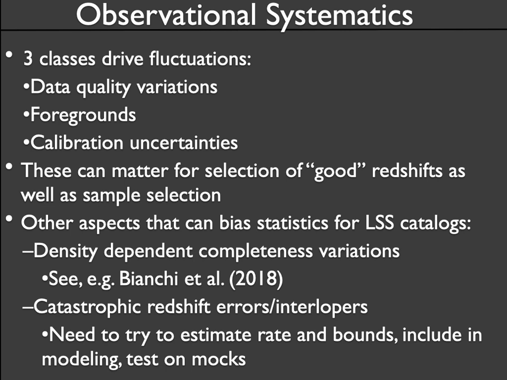catastrophic redshift errors or interlopers. So that could either be, for instance, with DESI, it's actually a skyline in our spectra, and it's been falsely identified as an O2 line, and so we just assigned a completely wrong redshift to one of our galaxies.